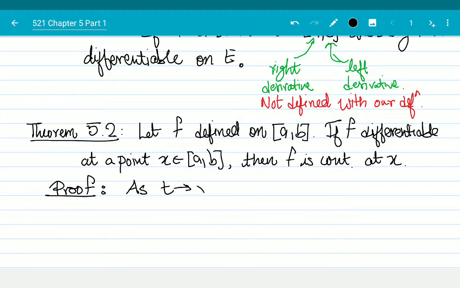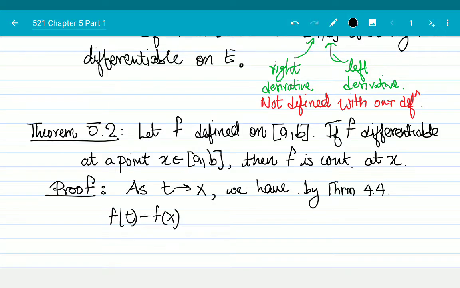As t approaches x, we have, by theorem 4.4, where the product of limits exists, that f of t minus f of x is equal to f of t minus f of x divided by t minus x multiplied by t minus x.